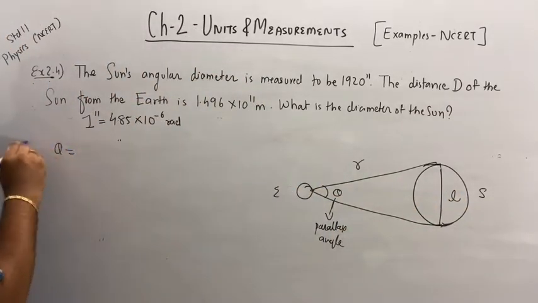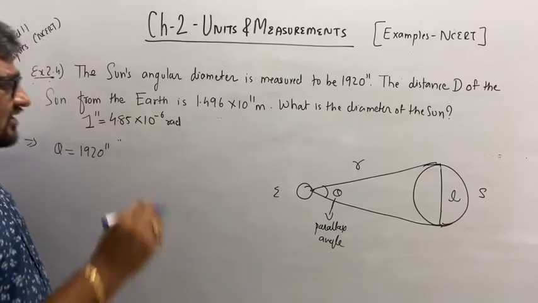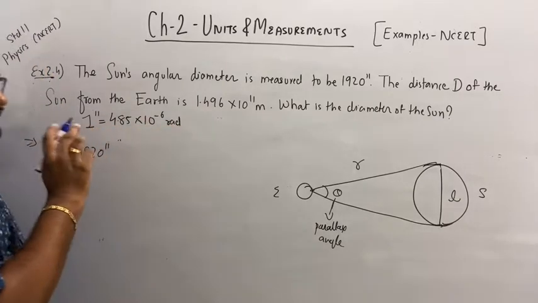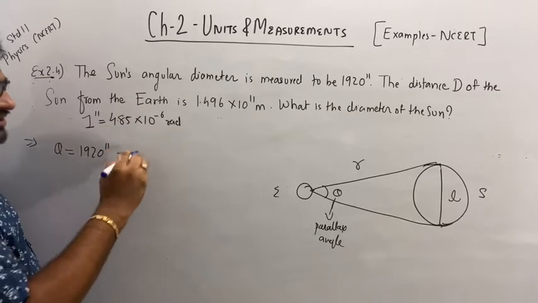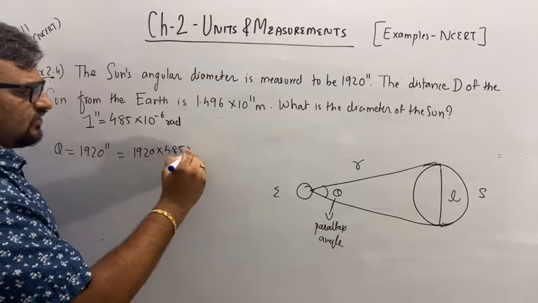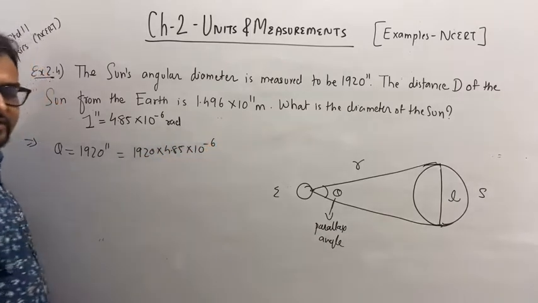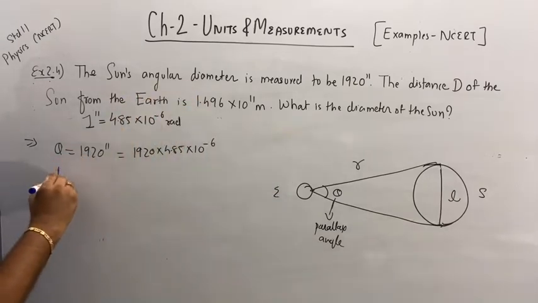So what is given? Theta is 1920 seconds. The relation is already given in the question: 1 second equal to 4.85 into 10 raised to minus 6. So theta will be 1920 into 4.85 into 10 raised to minus 6. Now what is to be found? The diameter, meaning the length of arc.